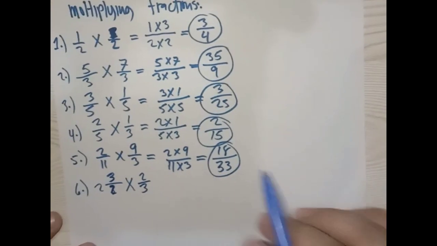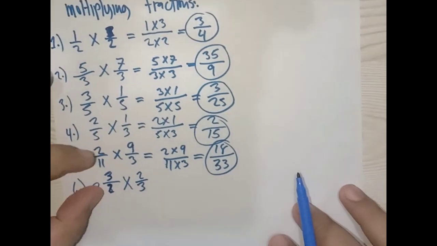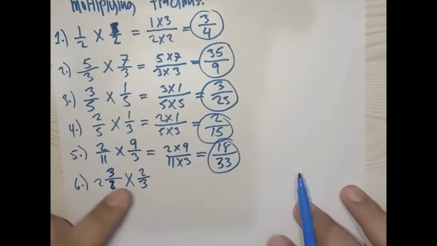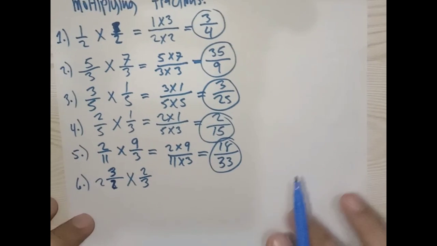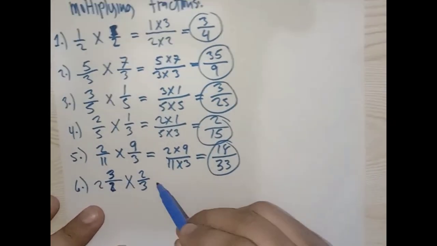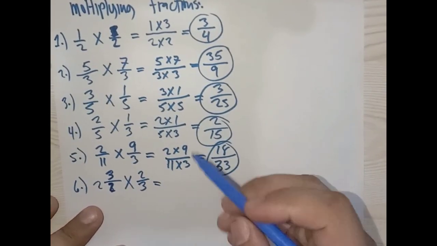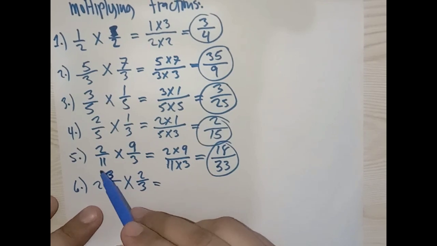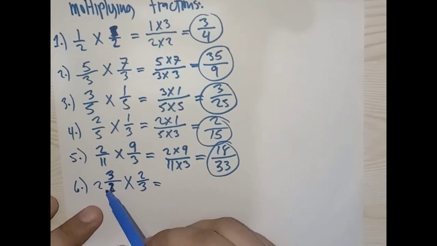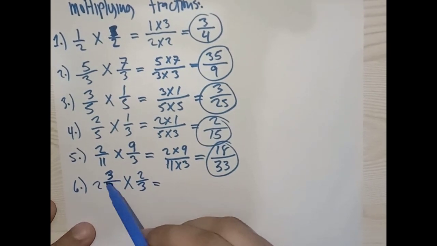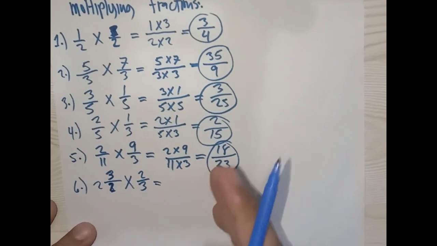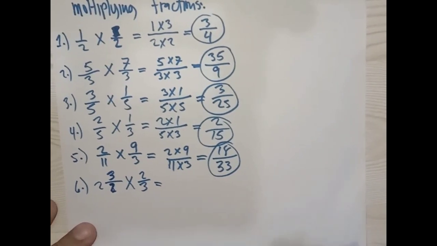Okay? So, if you notice, we are multiplying a mixed number and a fraction. So, multiplying a mixed number and a fraction goes like this. This mixed number, we first change it into an improper fraction and then proceed to the multiplication process.